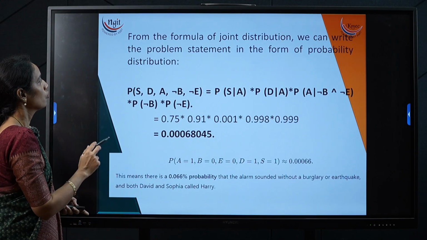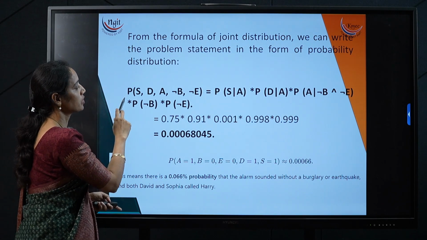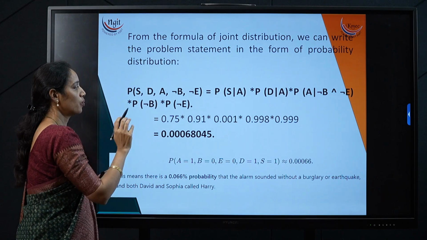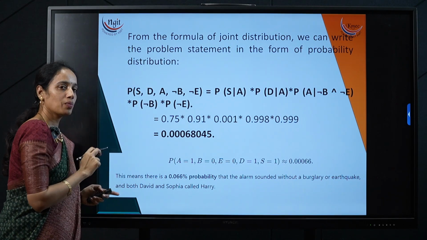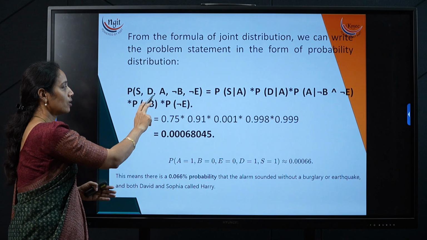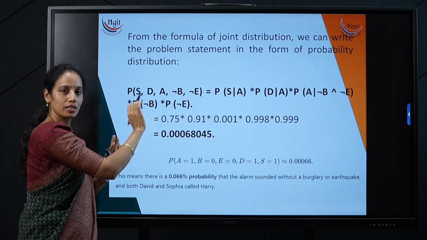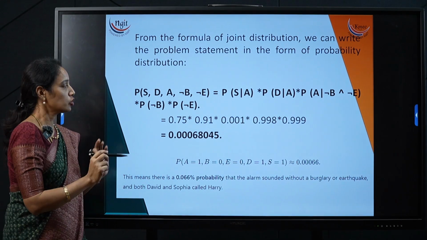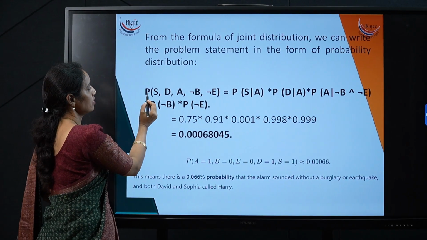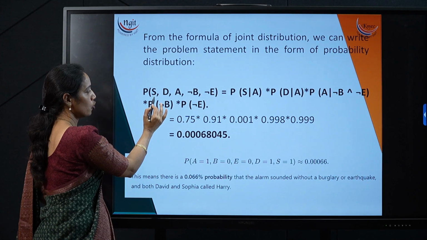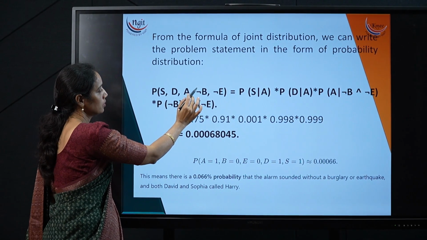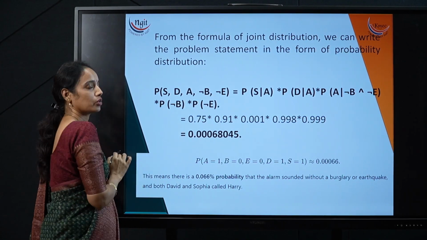And now from the formula of the joint distribution, we can write this problem statement in the form of a probability distribution. So what is the problem? There is an alarm, but there is no burglary, there is no earthquake, but both David and Sophia call Harry. So here, how we are going to write that is the probability of Sophia and David calls given alarm, no burglary, no earthquake.